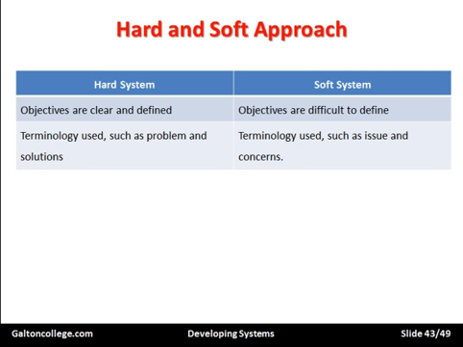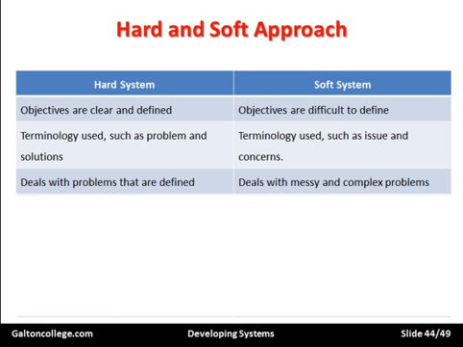And the terminology used for the soft system is issue and concern. It's an issue. It's not something that can be solved in some very rigorous way using some algorithm on a computer. This is something where judgment is required. This is an issue, and there are concerns, and they need to be addressed. So it's a different language.